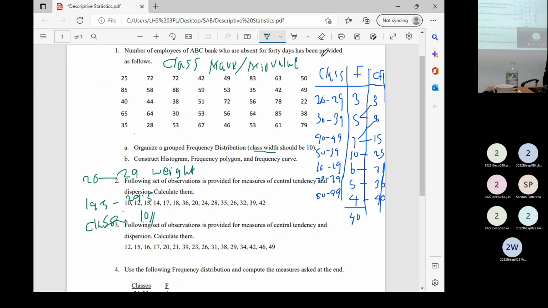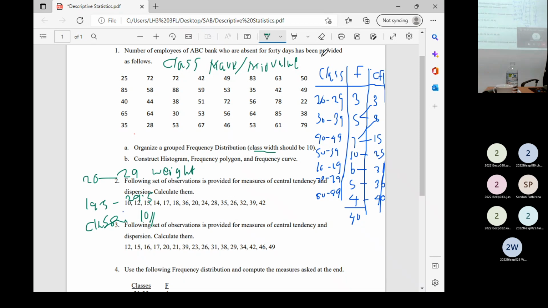Otherwise, you can do this one, a very easy method. For 20-29 take the difference. Divide that difference by 2, 4.5. Then to the lower limit you can add 4.5, 24.5.